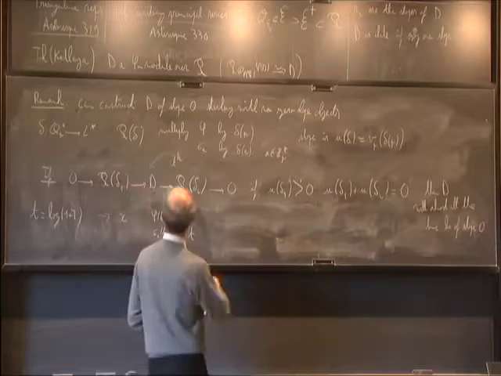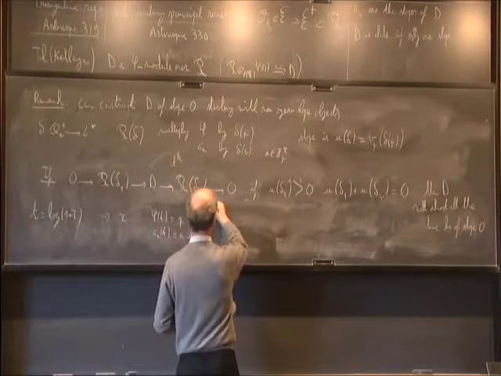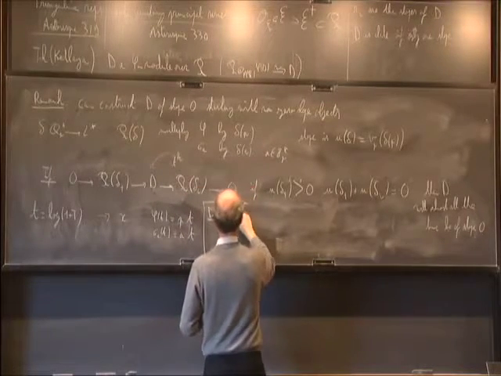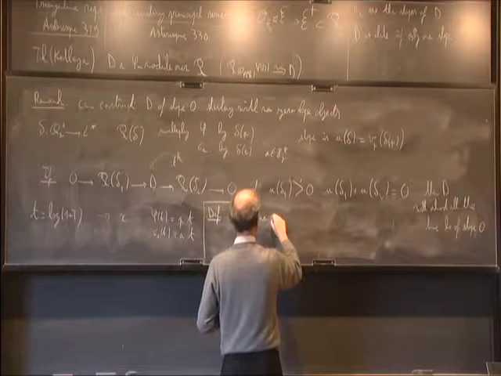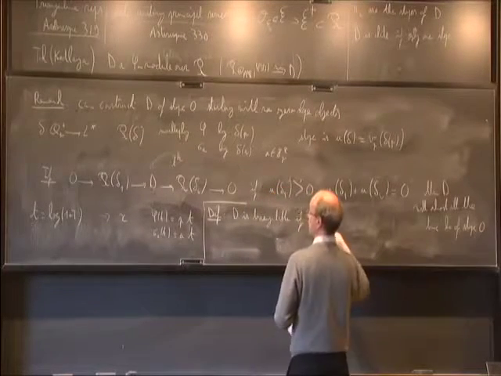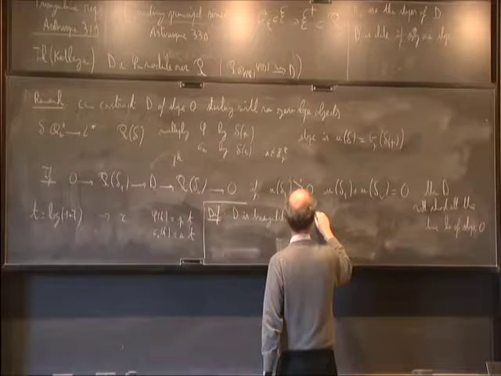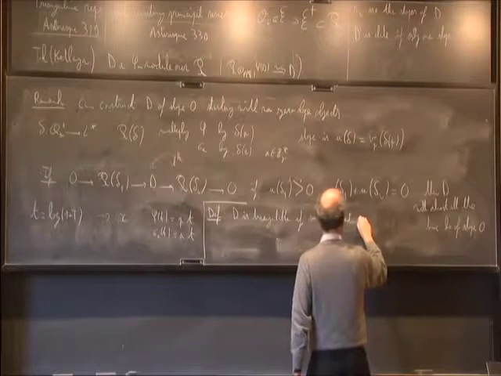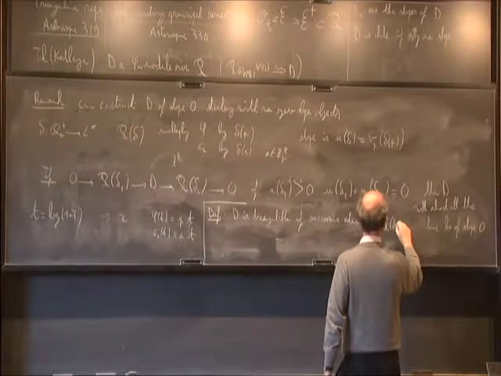Okay, so let me finish with a definition. You say that D is triangulable if it is a successive extension of things of rank 1, of R of deltas.